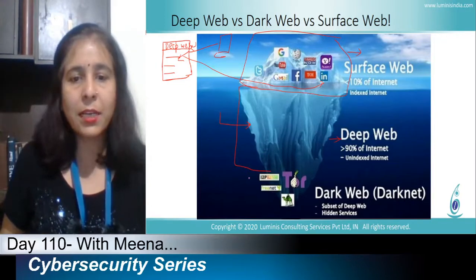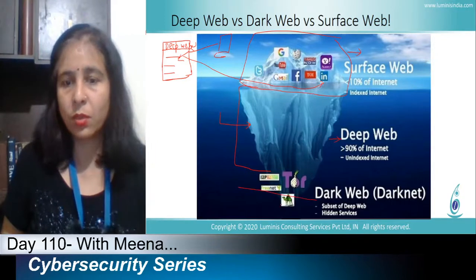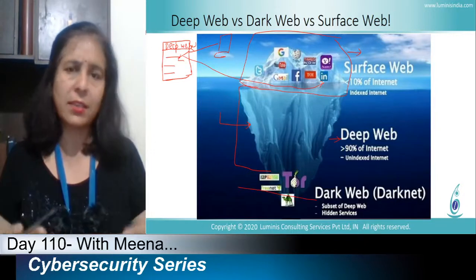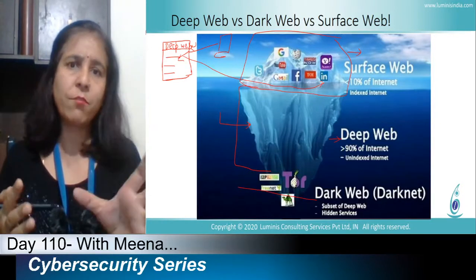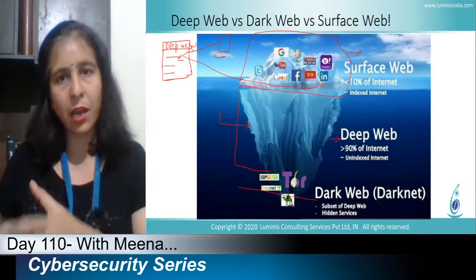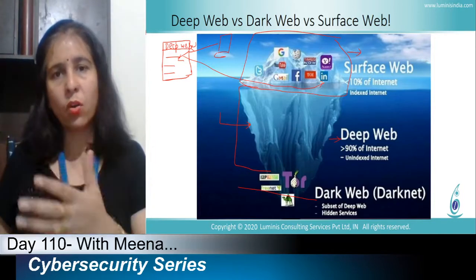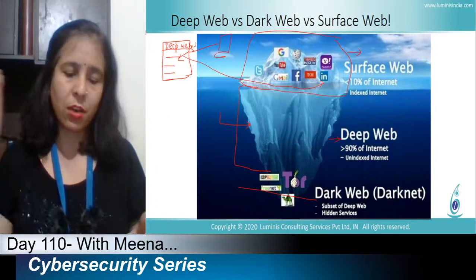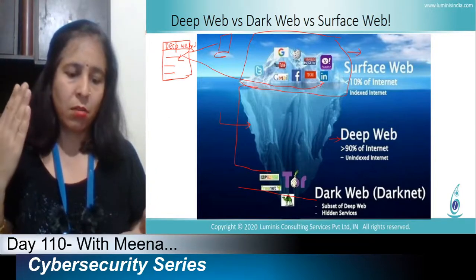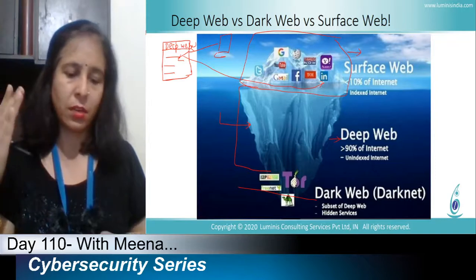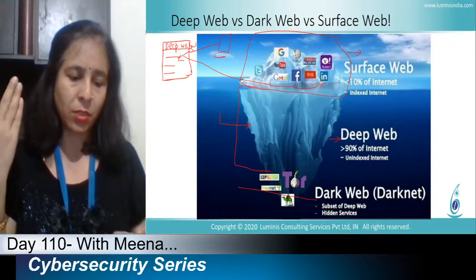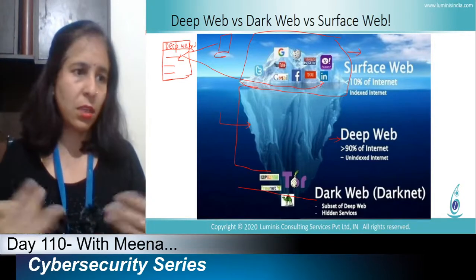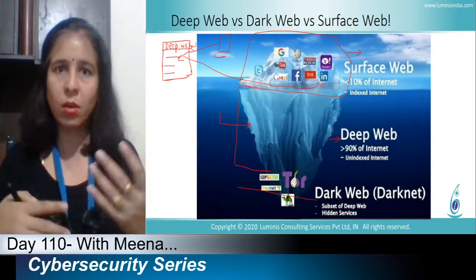And another part is the dark web. This dark web is used for some special kinds of information available on the internet, that can be established by the government or some specific organizations, and even cyber criminals use it to publish the information they have stolen.